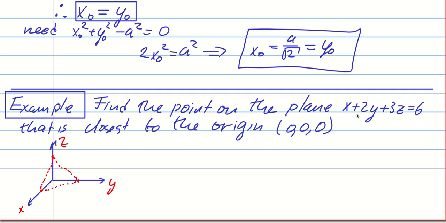So if we take both x equals 0 and y equals 0, then for z we're going to get 2, so it crosses at 2. If we take y equals 0 and z equals 0, we're going to get 6 for x, and for y we're going to get 3. Alright, so that's our setup. So let x sub 0, y sub 0, and z sub 0 be the desired point.